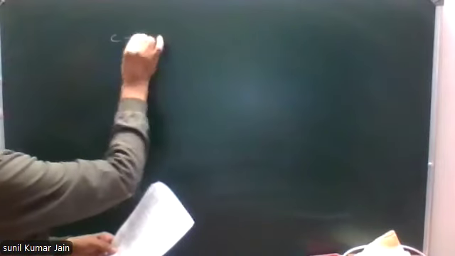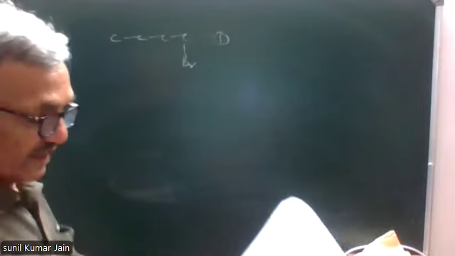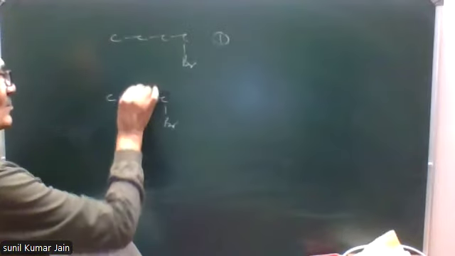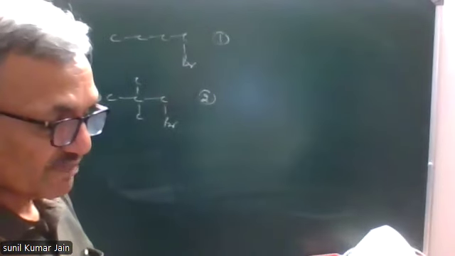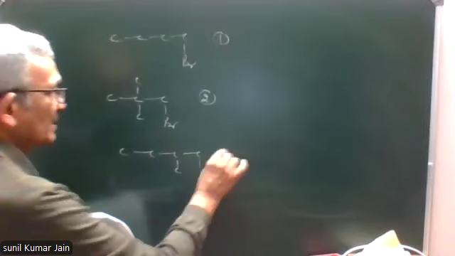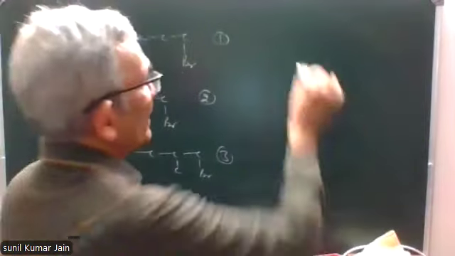We are given some compounds, 1-bromobutane, 1-bromo-2,2-dimethyl propane. Let us say this compound number 2, 1-bromo-2-methyl butane, compound number 3, 1-bromo-3-methyl butane.